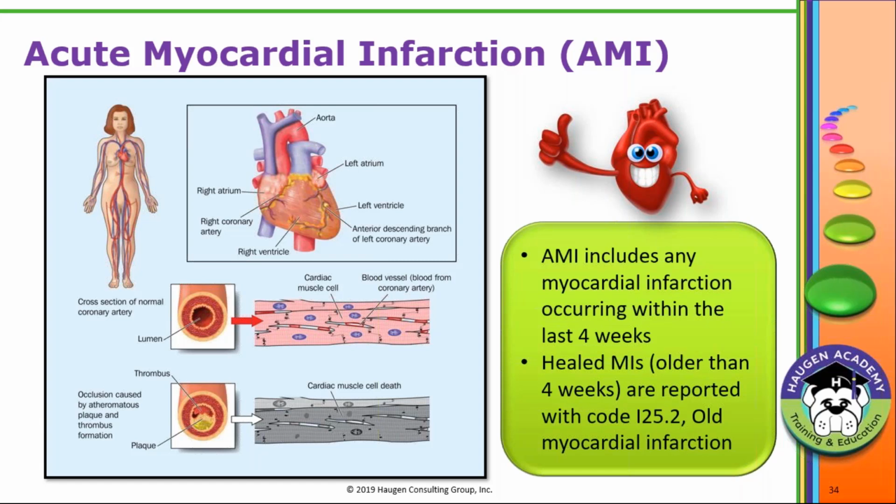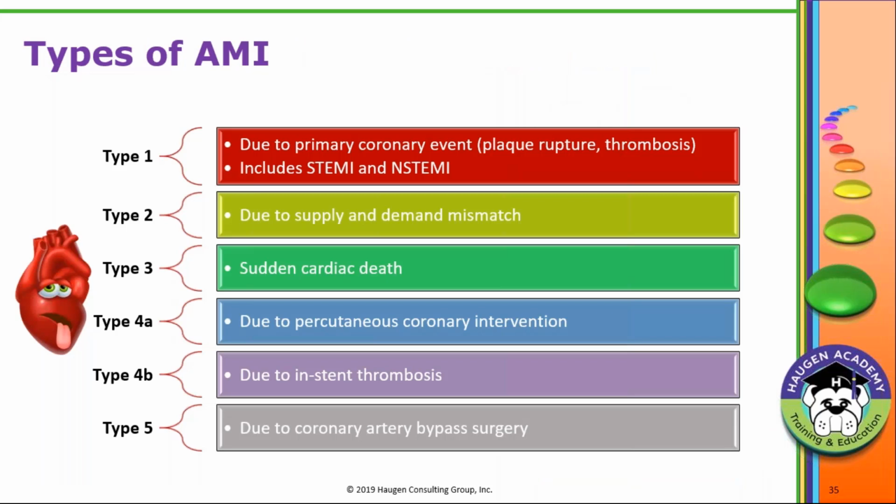Just a reminder, an acute myocardial infarction is anything that occurs within the last 4 weeks. Healed MIs, those older than 4 weeks, are reported with code I25.2, old MI. That's actually the title of that code.